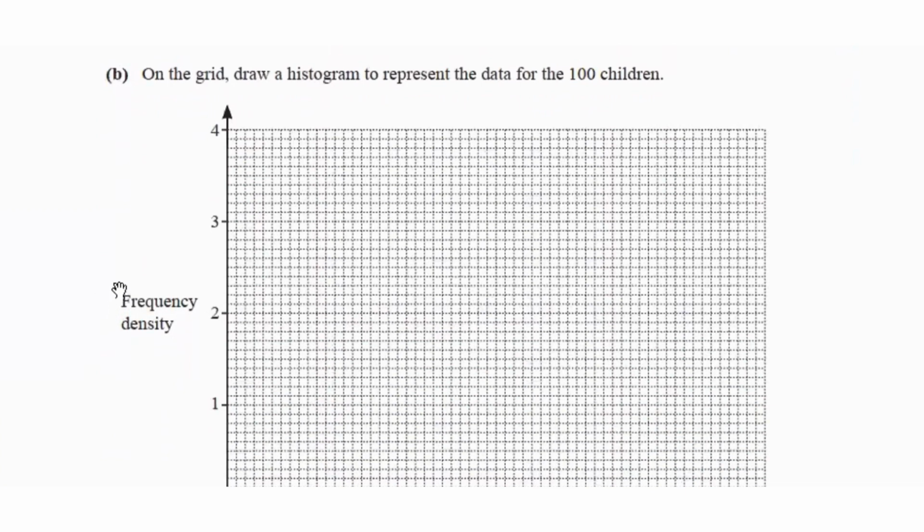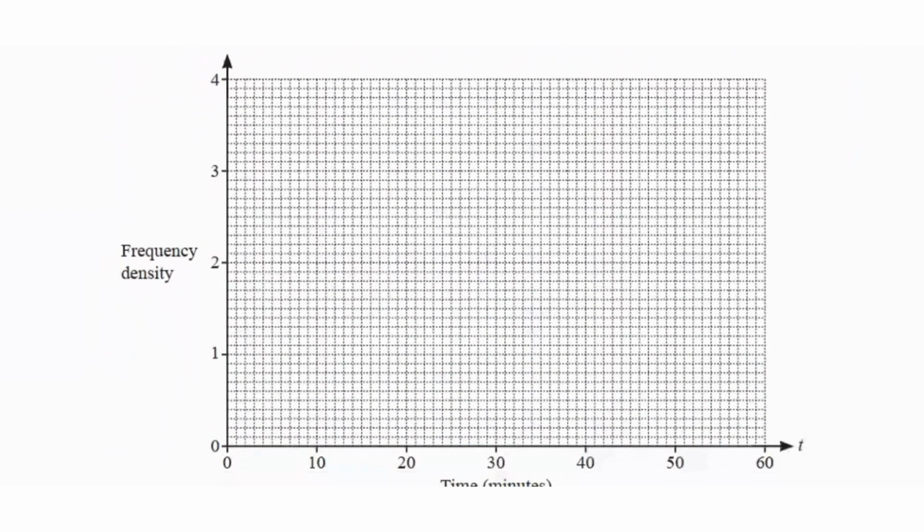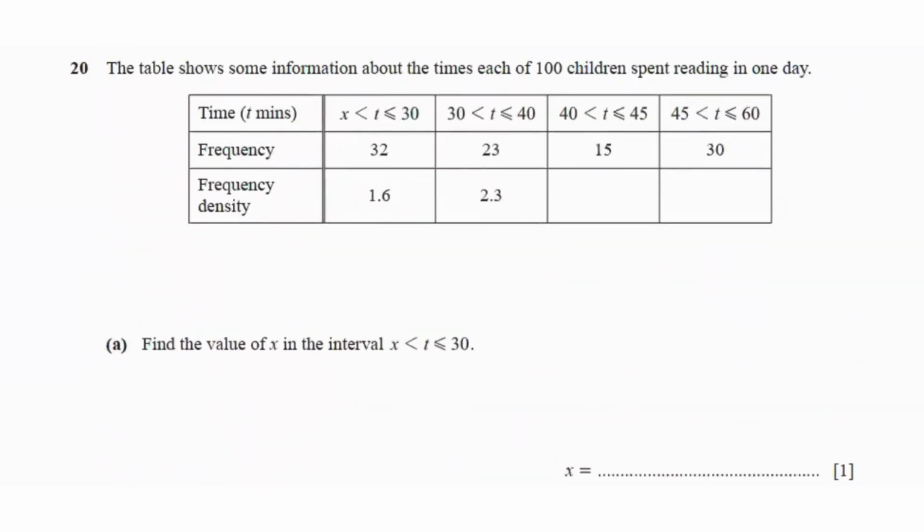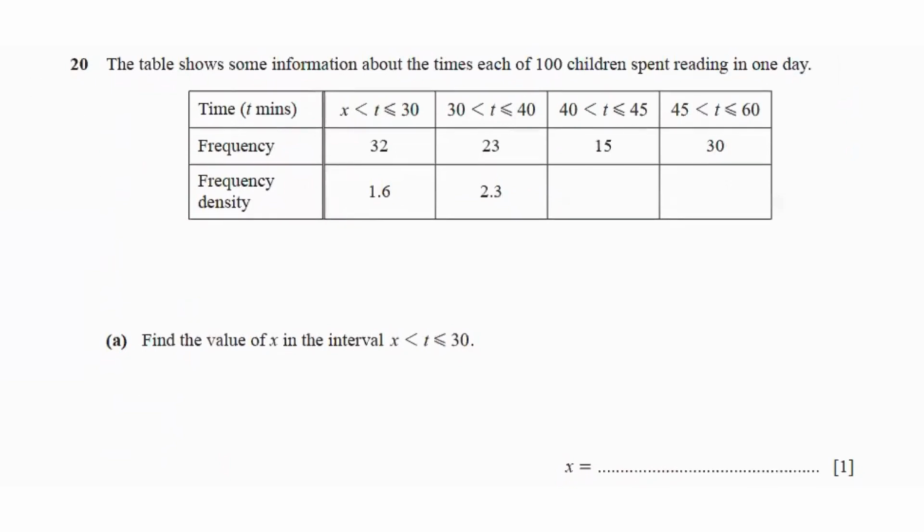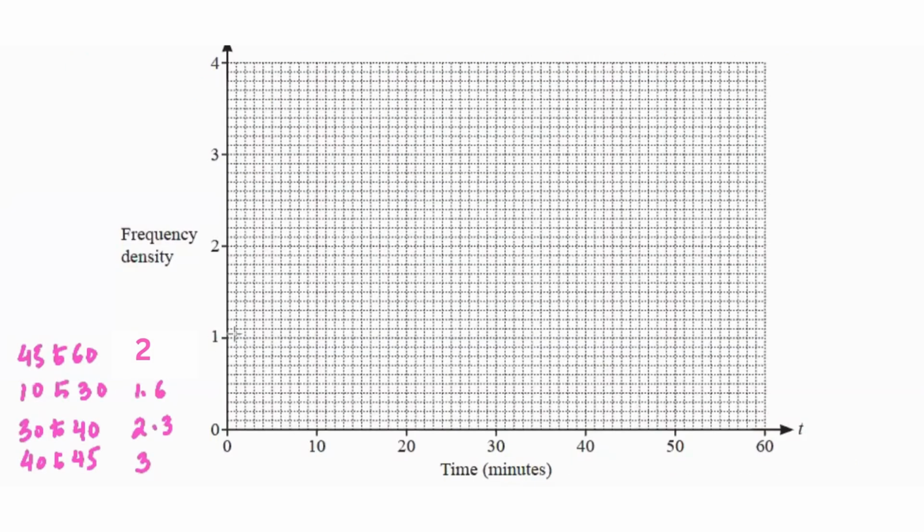On the grid, draw a histogram to represent the data for the 100 children. So let's find the frequency densities first. Over here, frequency density will be 15 over 5, which is 3. And over here, it's going to be 30 over 15. Let's plot this.